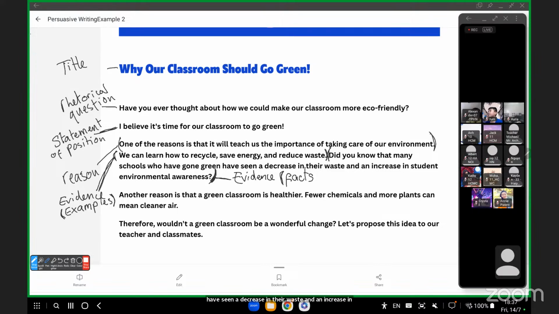So they're asking it in the form of a question, but they're presenting a fact. So something that they've gone and found information on, and then they've written it into their document here. What is this?